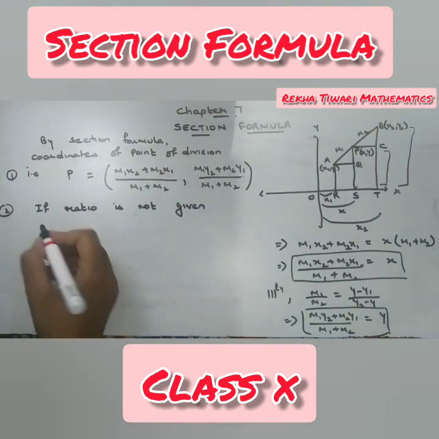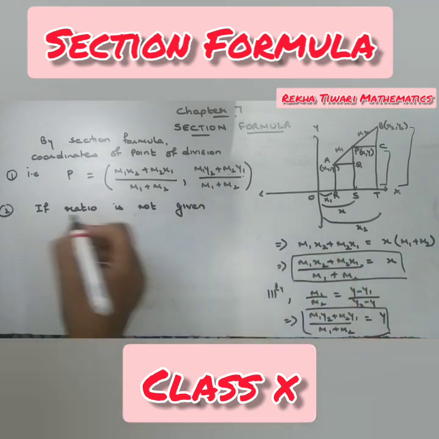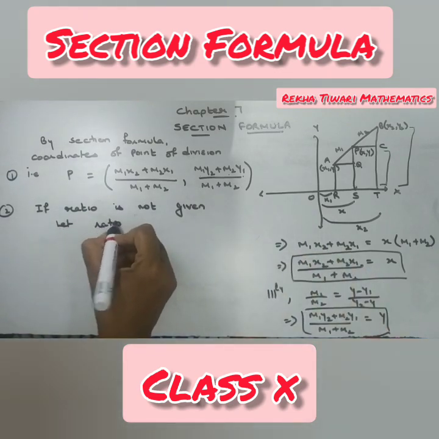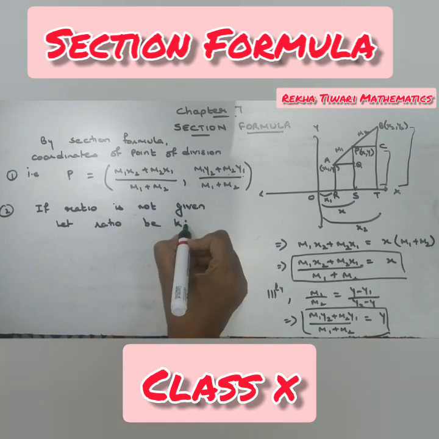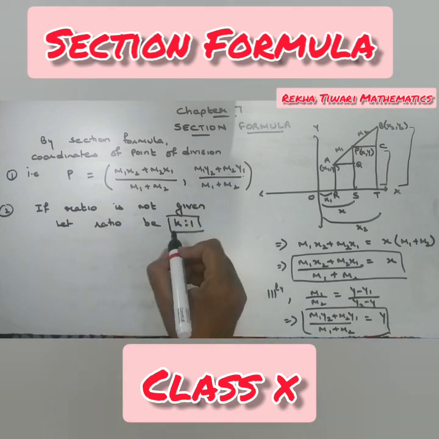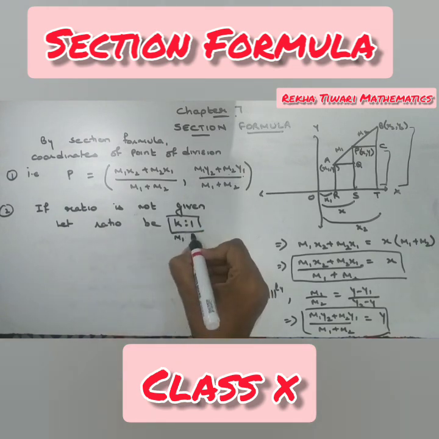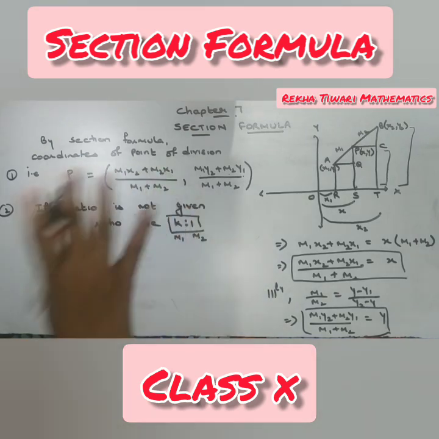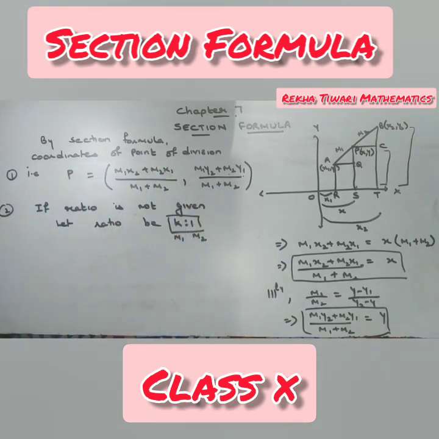So in that case, we have to assume the ratio as, let the ratio be k is to 1. This is used in the case where the ratio is not given to us, where we have to find out the ratio. We will consider the ratio as k is to 1. Here k is considered to be m1 and 1 is considered to be m2, and then we can use this formula very easily.